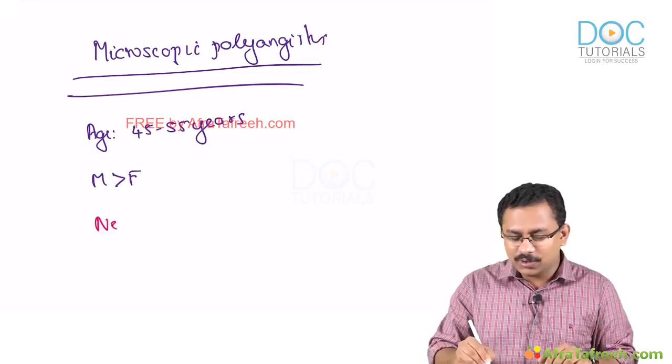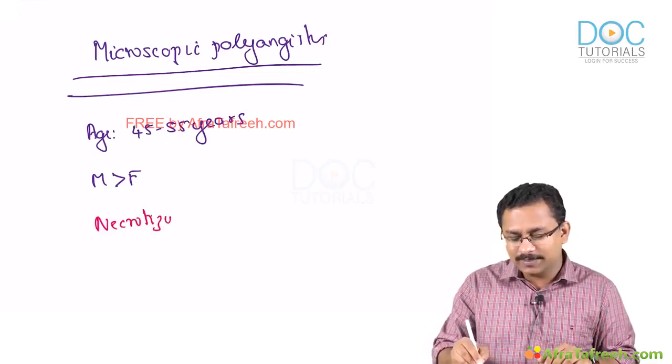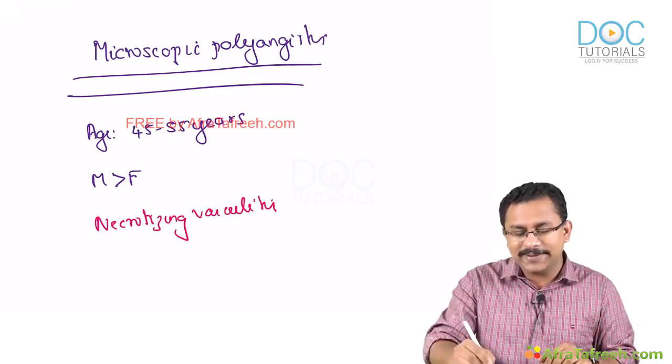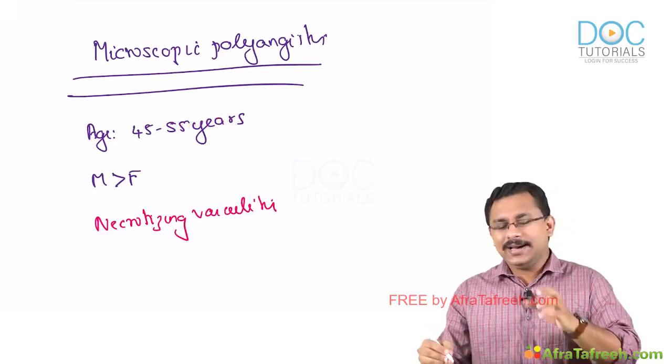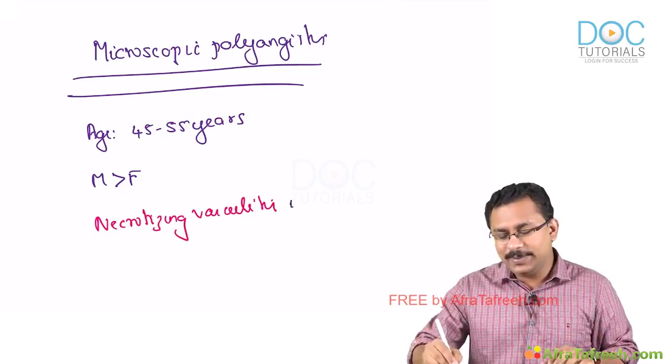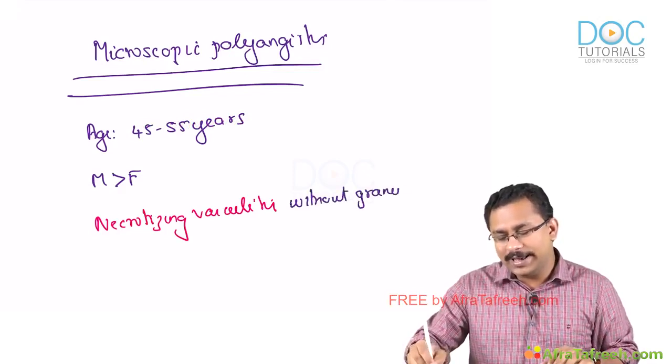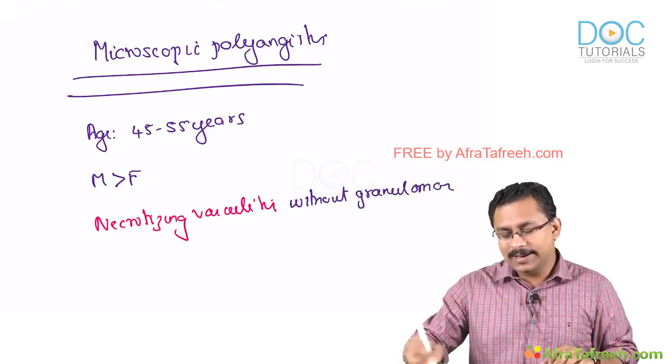So obviously here also you will have necrotizing vasculitis, but the problem is that here the necrotizing vasculitis in microscopic polyangiitis will be without granulomas. So you will have a non-granulomatous necrotizing vasculitis.